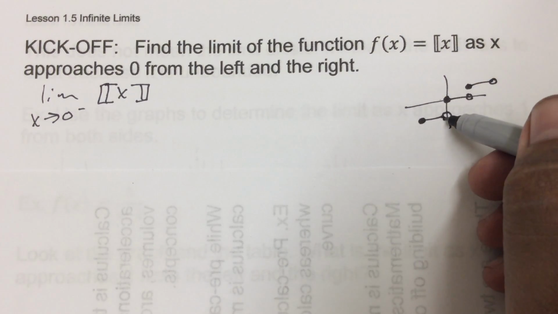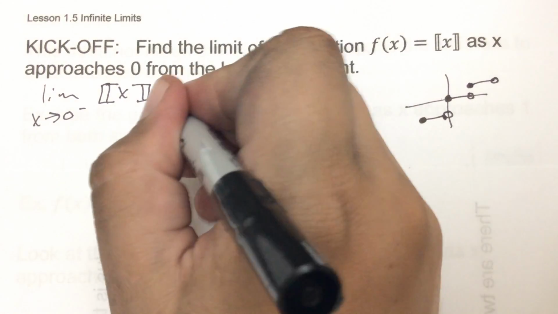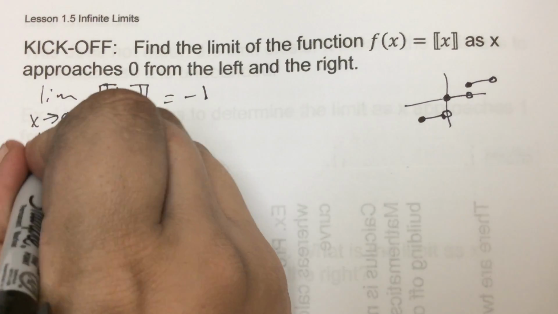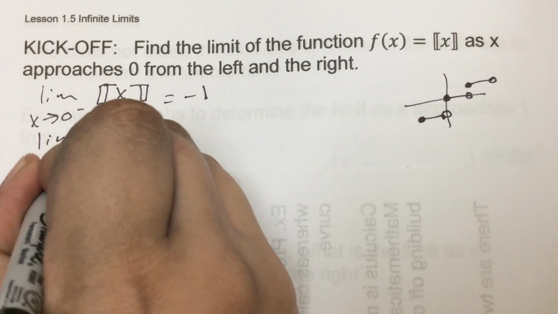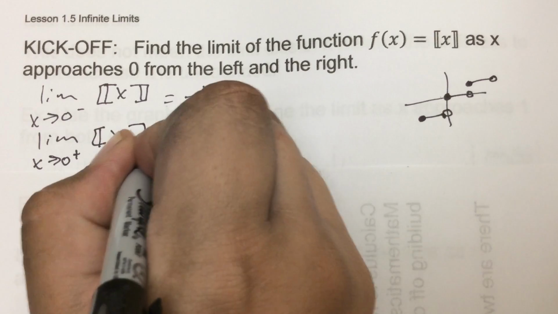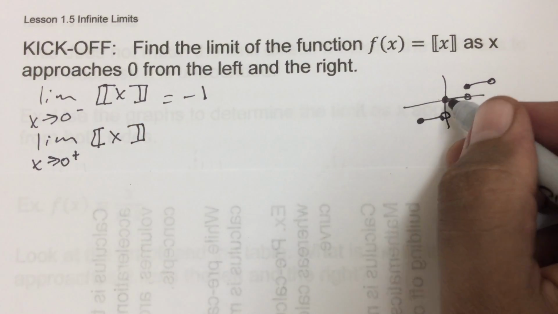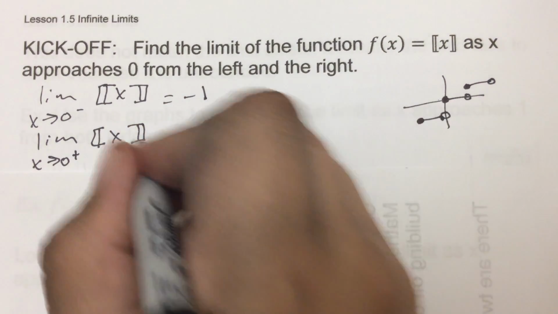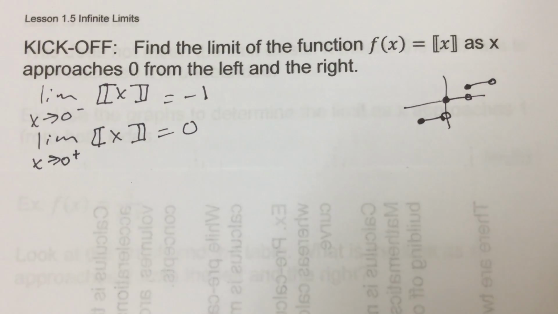From 0 to the left side, if we follow it down, we're going to be down here at -1. However, the limit as x approaches 0 from the right side of our greatest integer function, well, on the right side of it here, we're up here at 0. So there we have the left and the right side limits.